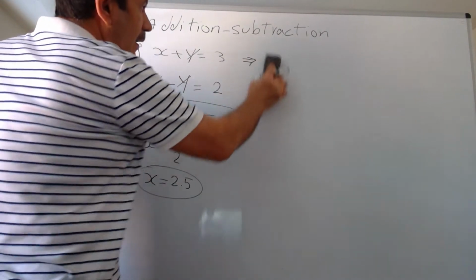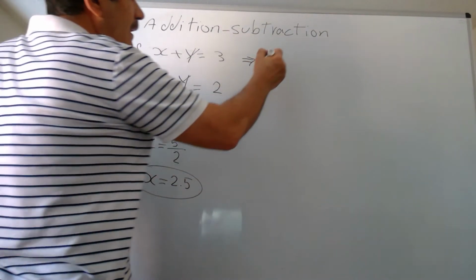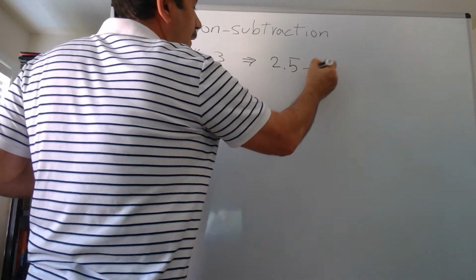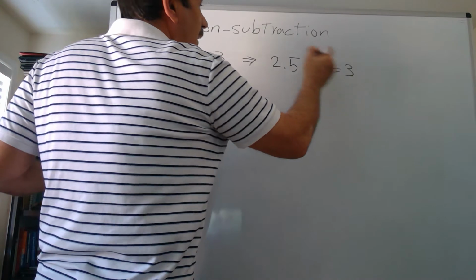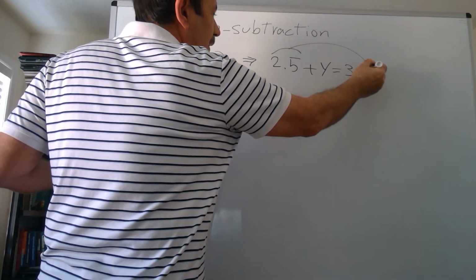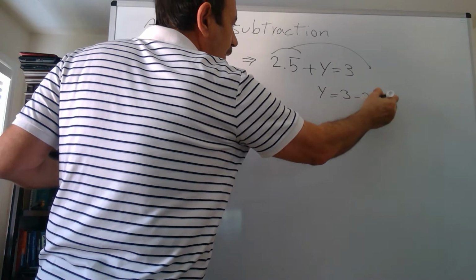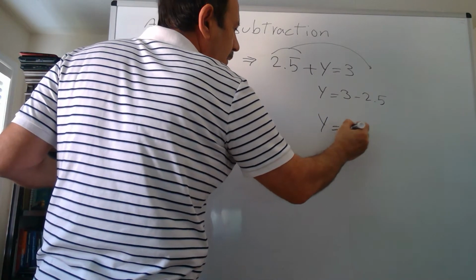Instead of x, I substitute 2.5. So it's going to be 2.5 plus y is equal to 3. If I move this 2.5 to the other side, y is going to be 3 minus 2.5, so y is 0.5.